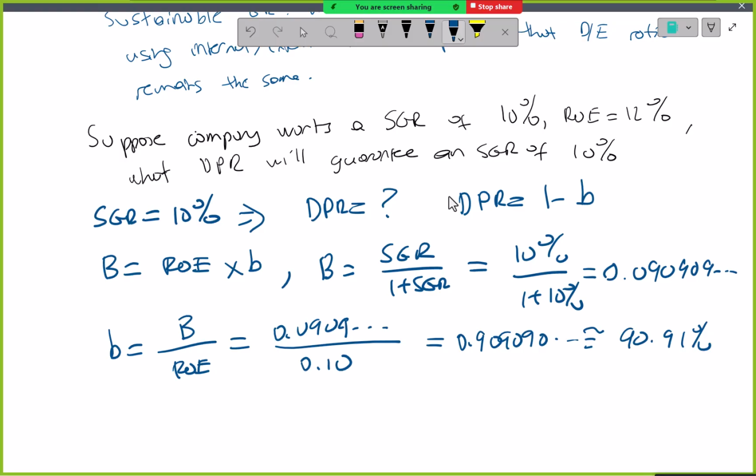So a retention ratio of 90.91% gives me a sustainable growth rate of 10%. Then that means my DPR is going to be 9.09%.